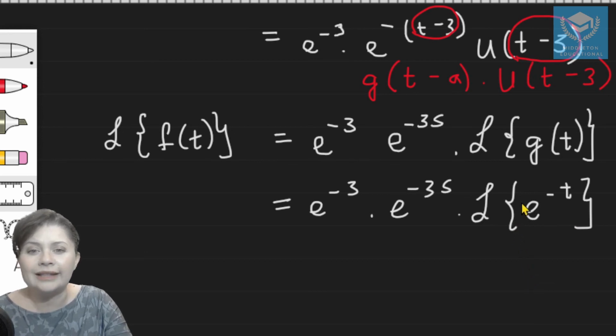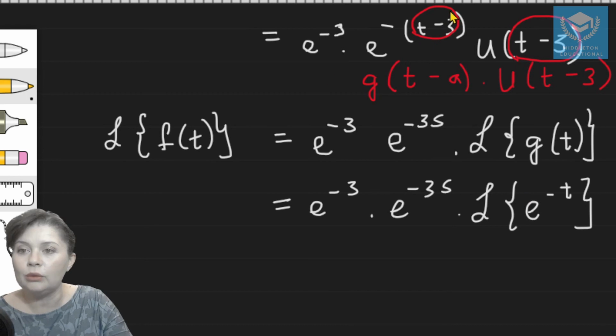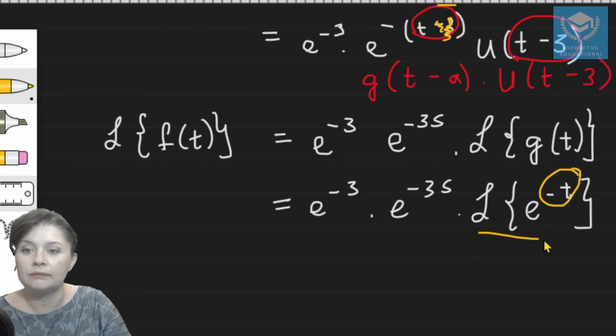So you can say as well, if you cover up this minus 3, I've put the 3 into the shift, so now I'm finished with it. So when you cover it up, what are you left with? You are only left with the t. So that you put in your transform here.